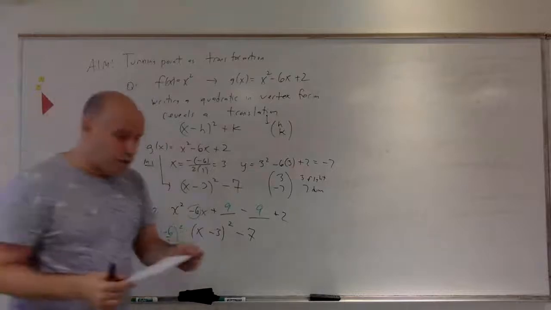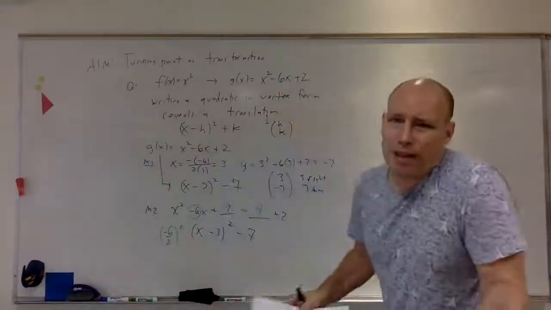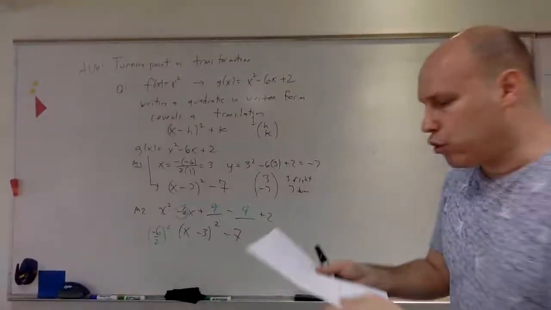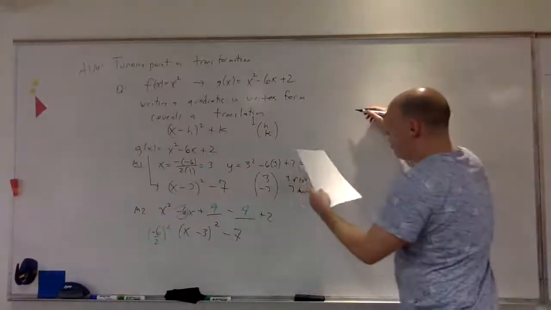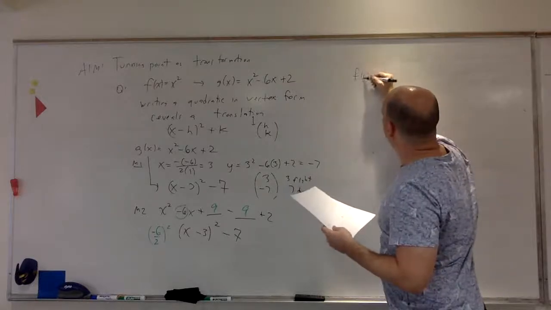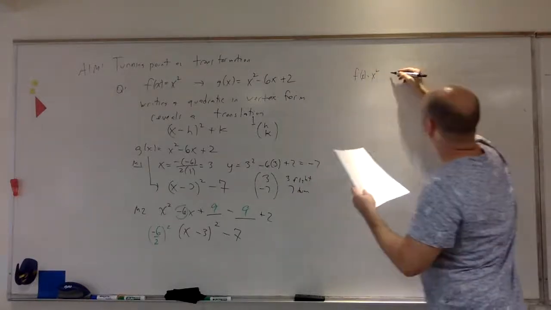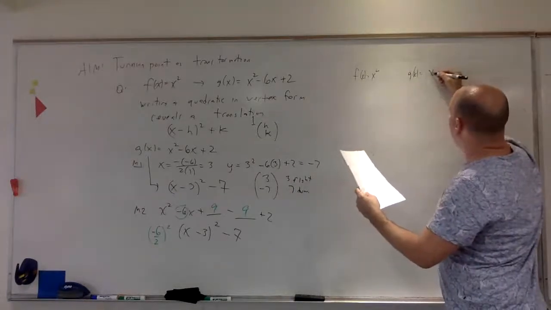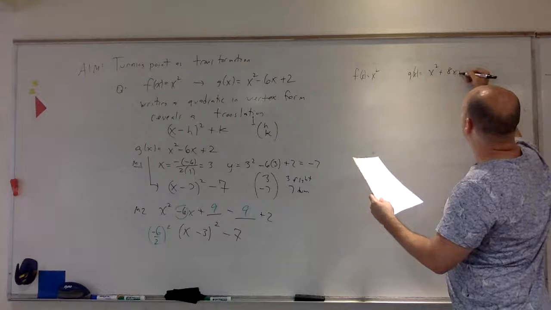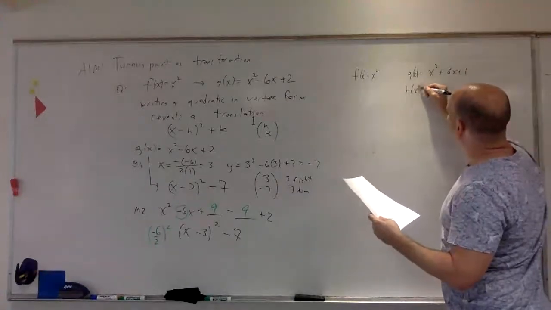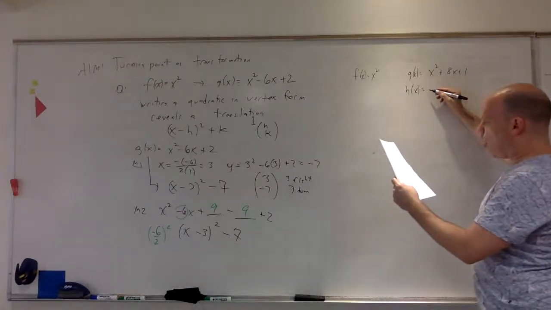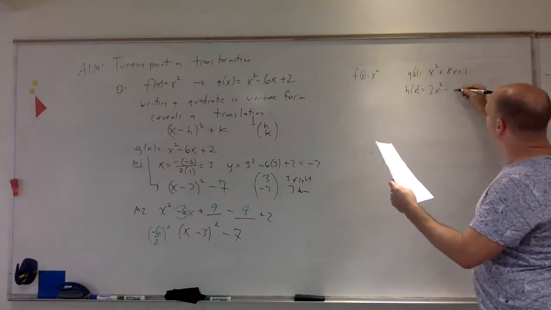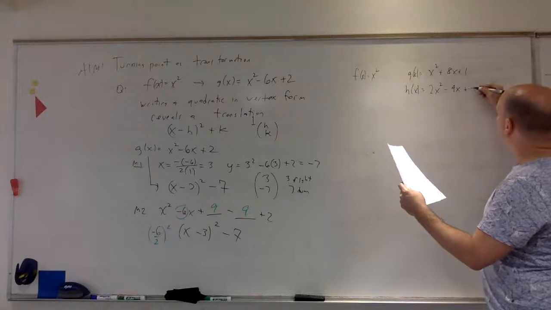Let's try two more. Once again, it's a really short lesson. I just wanted to touch upon this. We're going to go from f of x equals x squared to, in the first example, g of x equals x squared plus 8x plus 1, and the second example is 2x squared minus 4x plus 5.